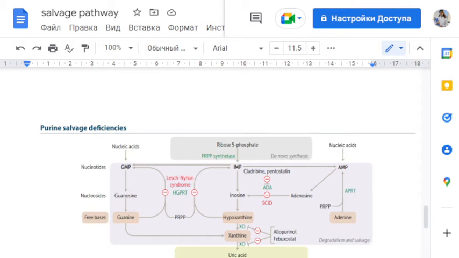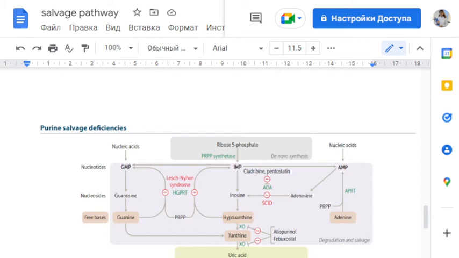So to prevent that, you have to inhibit xanthine oxidase enzyme here and here. To do that, you use allopurinol or febuxostat. It is pathognomonic treatment for gout. For symptomatic treatment, for flares treatment, you use NSAIDs, right?